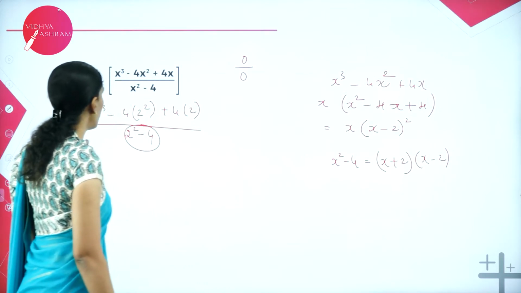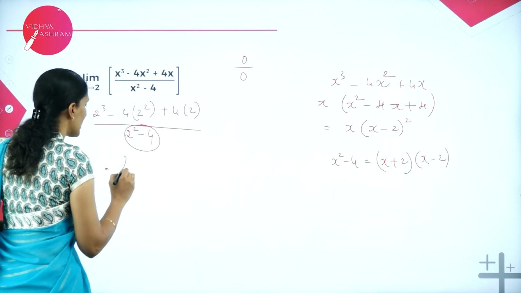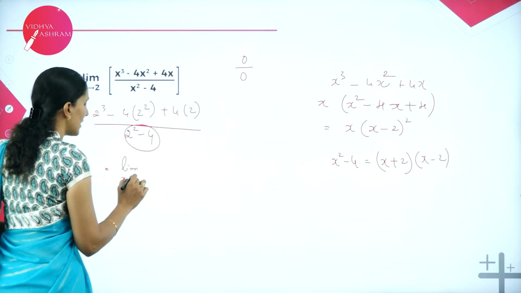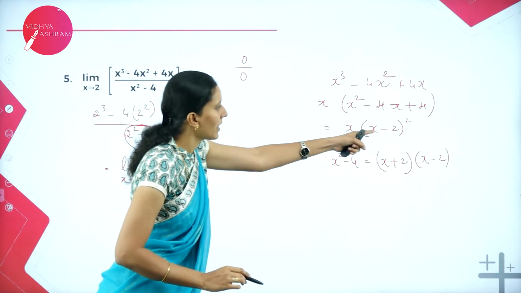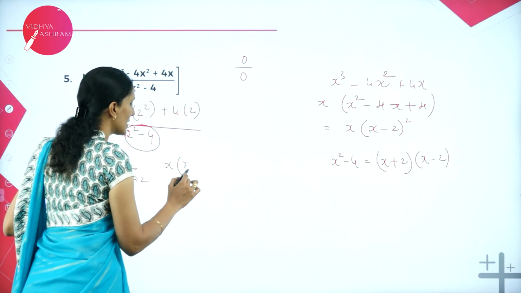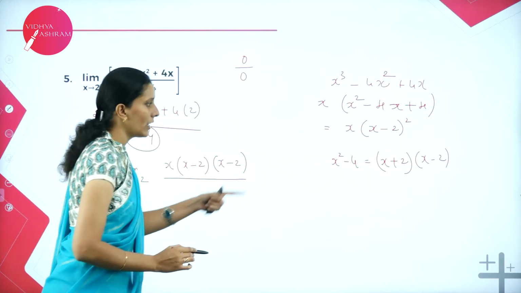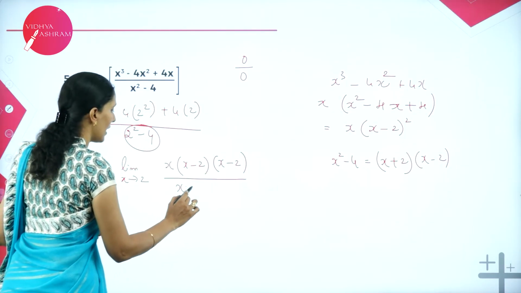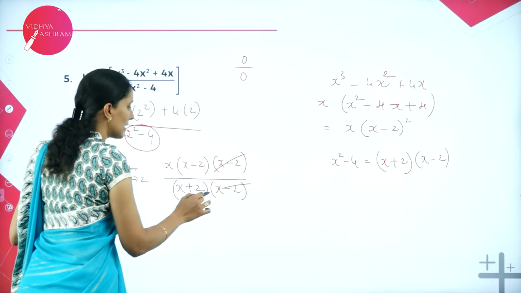When you substitute here, I can rewrite this function as limit as x tends to 2 of x into x minus 2 into x minus 2, since this is x minus 2 whole square, divided by x plus 2 into x minus 2. So I can cancel it now.